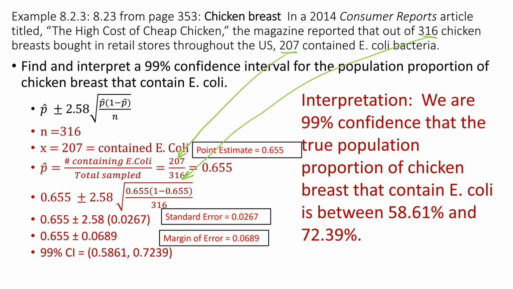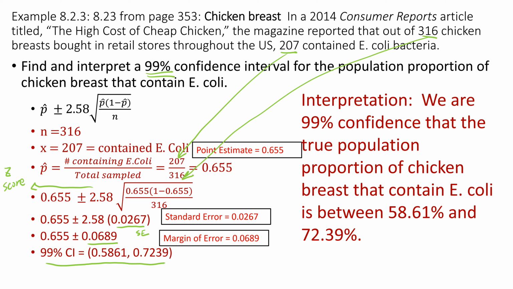Because we want to find the 99% confidence interval, the z-score here, corresponding to 99% confidence level, is 2.58. And this number here is the estimated standard error. This number here is the estimated margin of error.